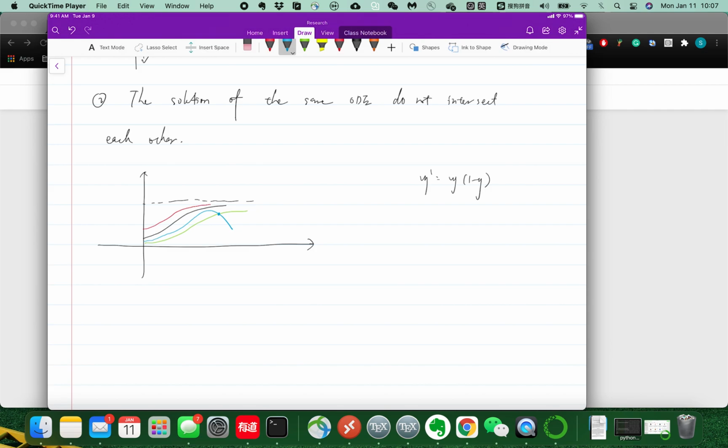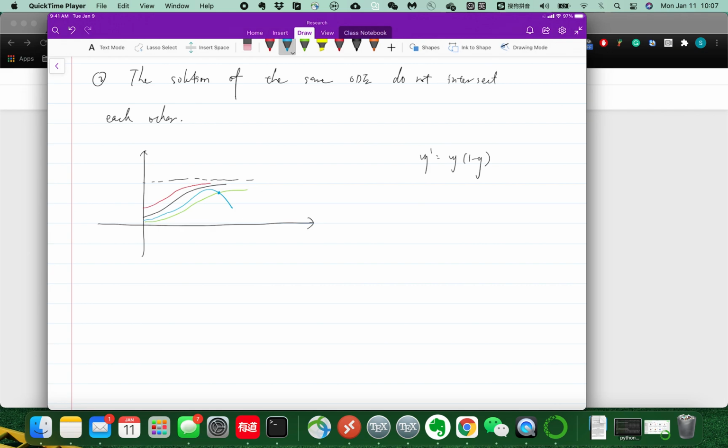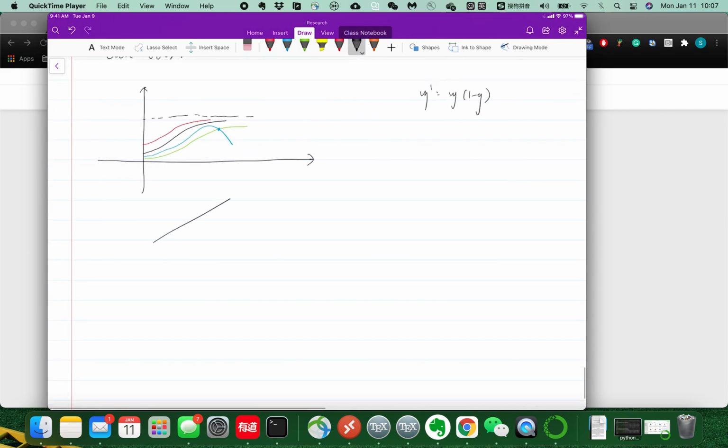Now with the uniqueness, you can easily tell it's not. Why? Because if you have a point here which belongs to the ODE, and a point here which belongs to the ODE, you just draw a small box. You take the intersection to be your initial value, and suddenly your solution is not unique.